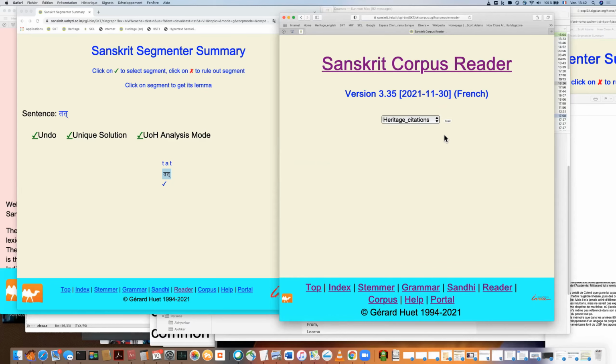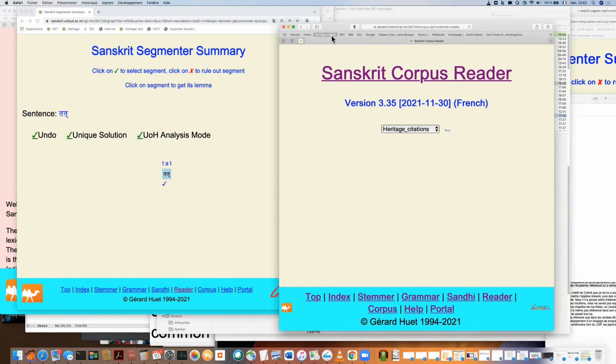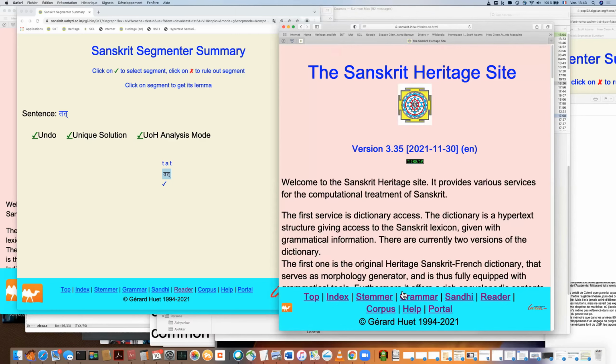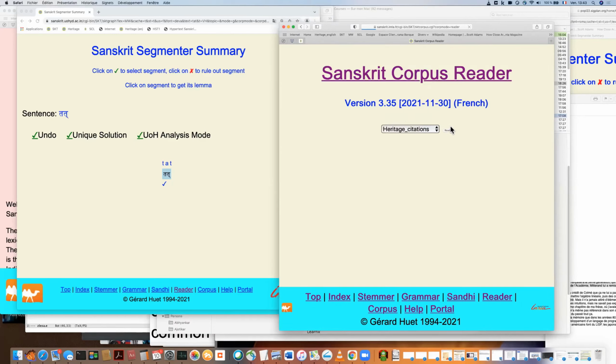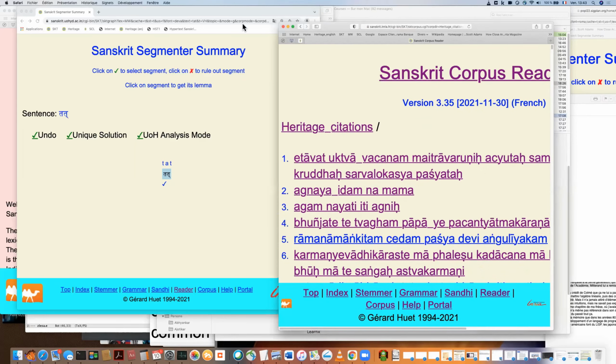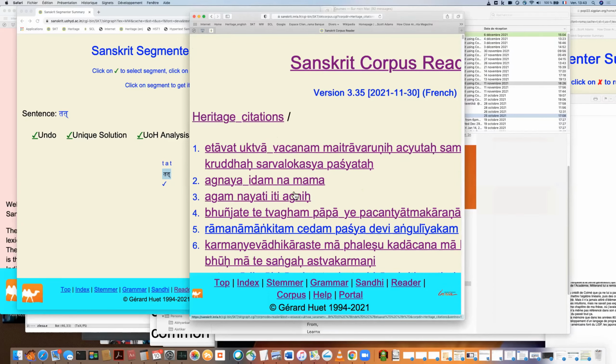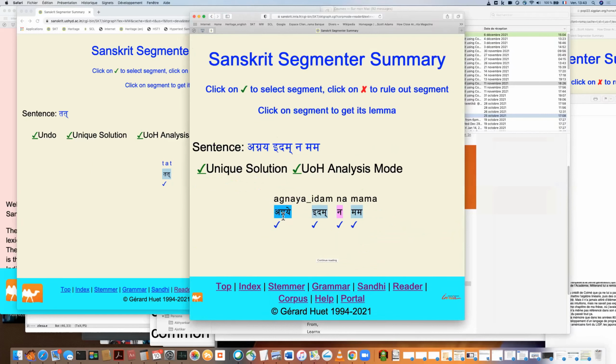Yes, and here we have to go on the English link. Yes, now when we go on the corpus reader, heritage citations, okay, so it still prints in romanization on this initial page, but as soon as you click, then you get Devanagari. Yes, and when you access the dictionary, you'll get the English one.